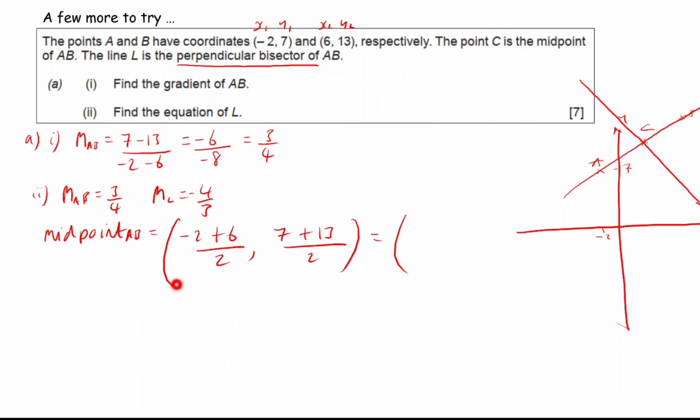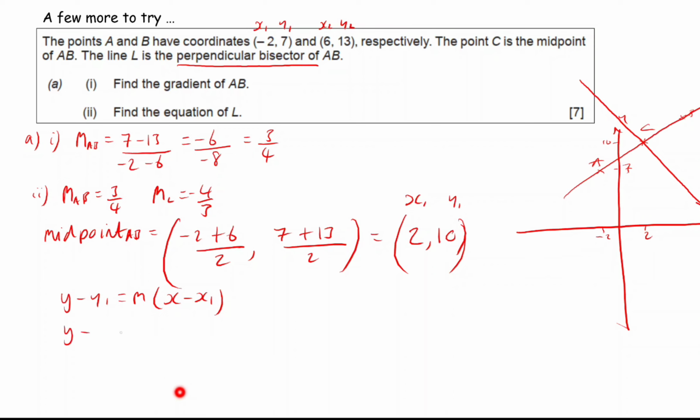Minus 2 plus 6 is 4, and 4 divided by 2 is 2. 7 plus 13 is 20, divided by 2 is 10. So our point C is 2 across and 10 up. Okay, so we've got (2, 10). And the final step is to use the equation of a straight line, which is y minus y1 equals m brackets x minus x1, using our C values for our x1 and our y1.